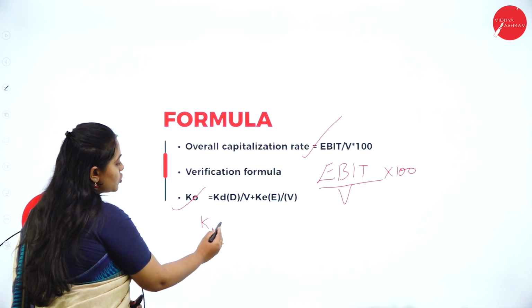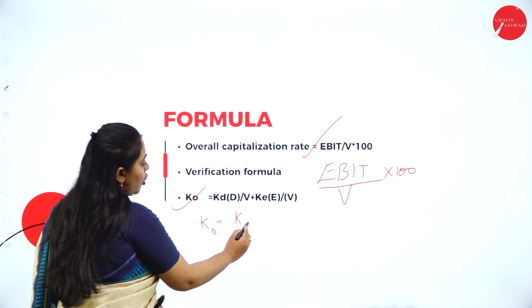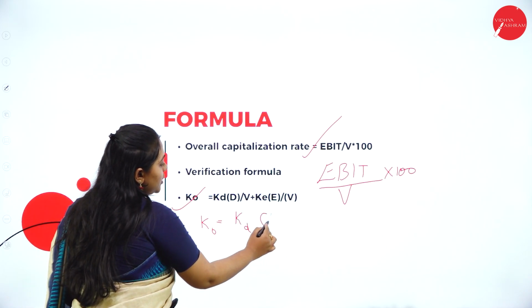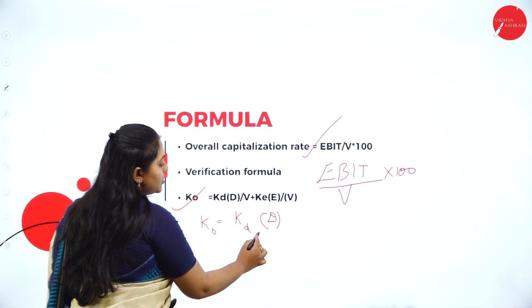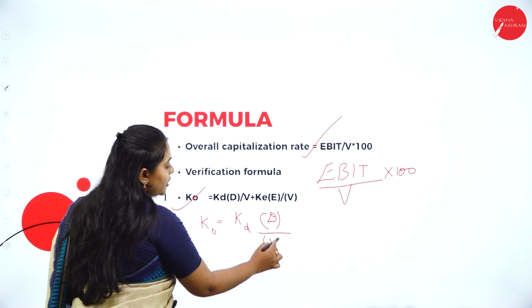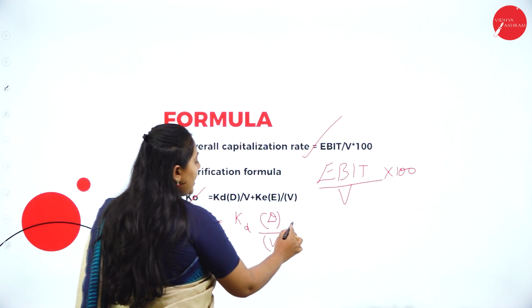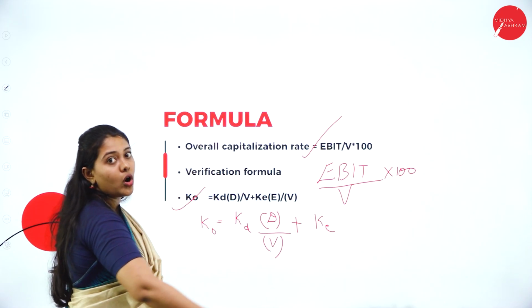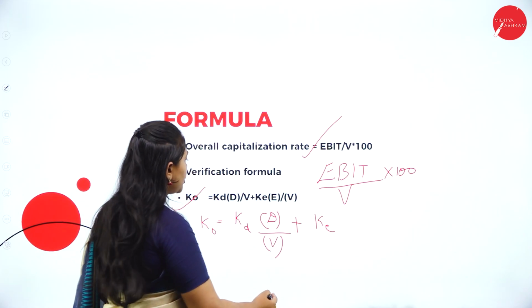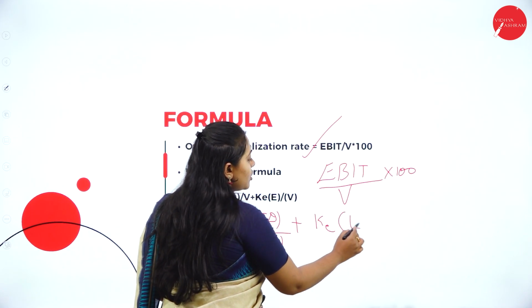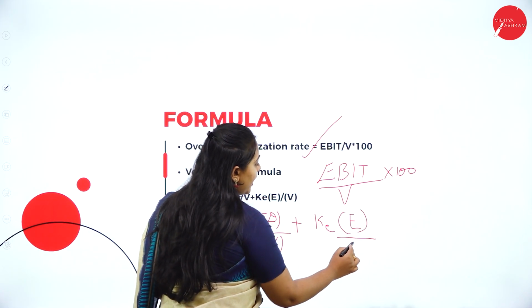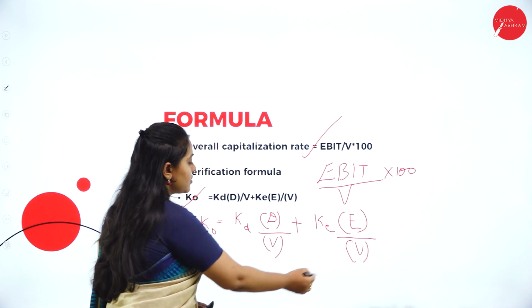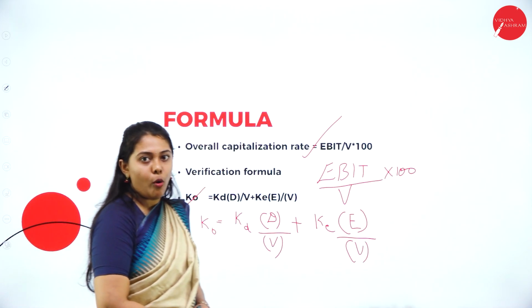The overall cost of capital is equal to cost of debt into value of debt divided by value of firm, plus cost of equity, or the equity capitalization rate, into E, that is your market value of equity, divided by the value of the firm. So this is the verification formula.